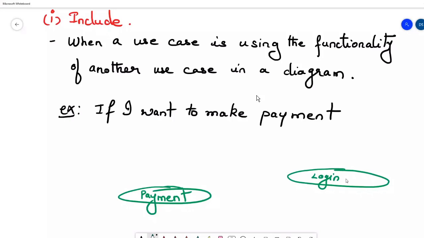And the relationship would be written on these dotted lines with the arrowheads, and we'll write here "include". This is how the include relationship is represented among two use cases.